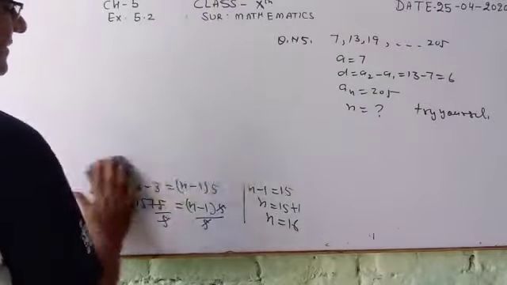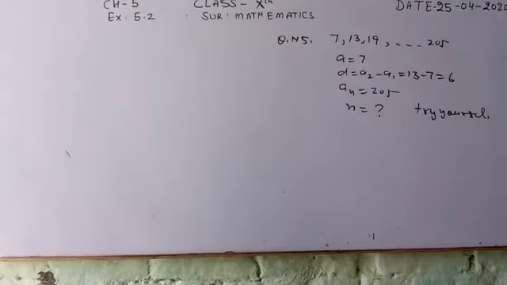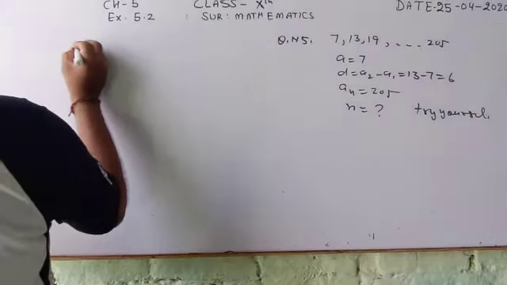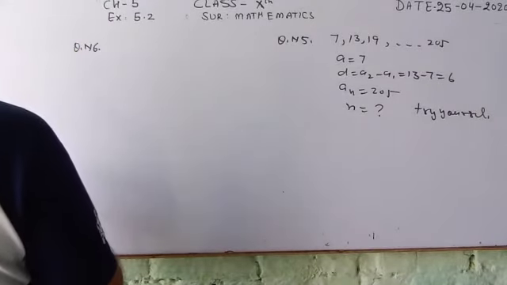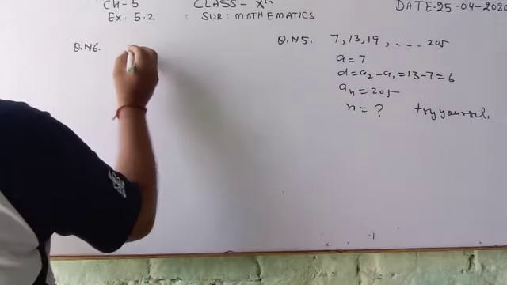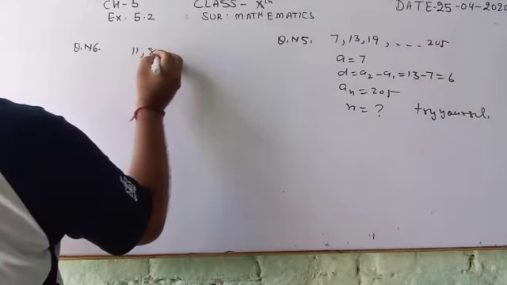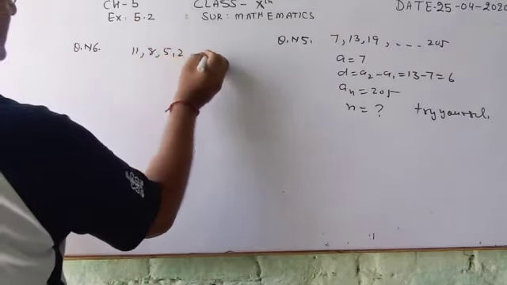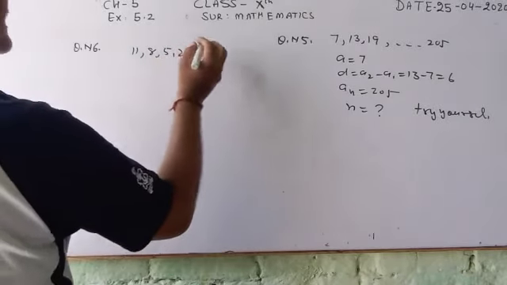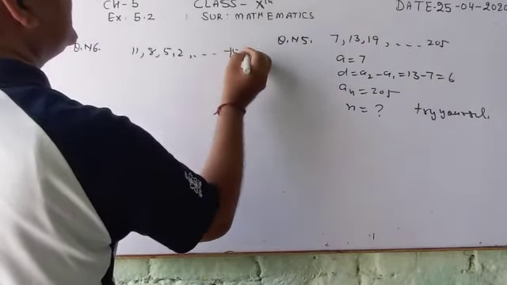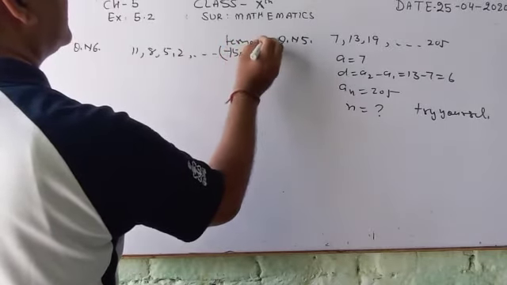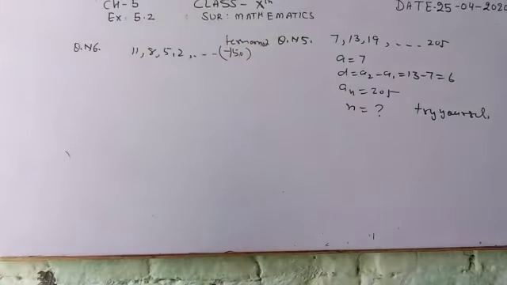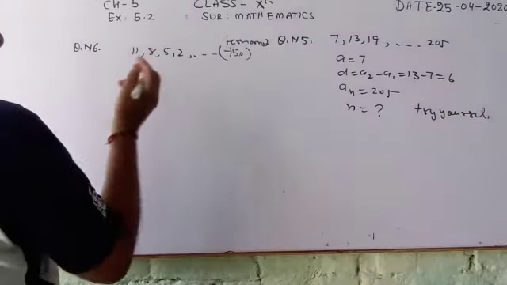We are taking question number 6. Check whether minus 150 is a term of the AP 11, 8, 5, 2. If we get a natural number value of n, then it is a term, otherwise it is not.